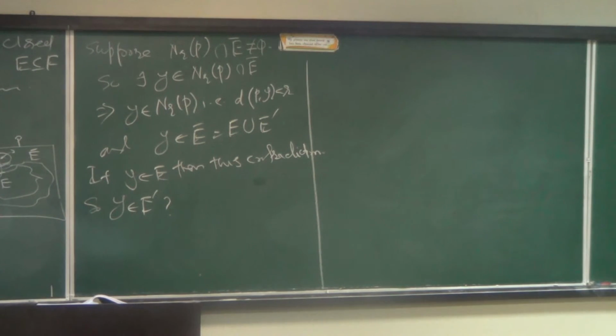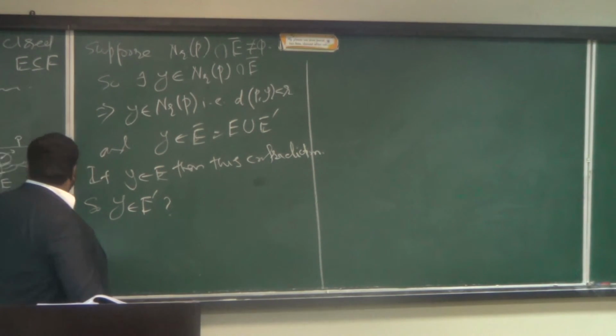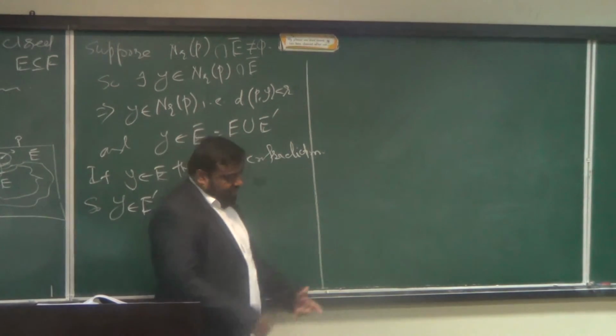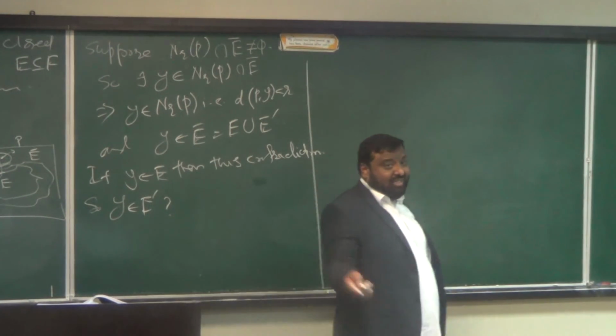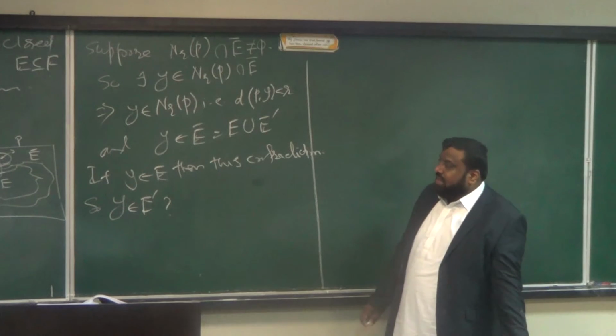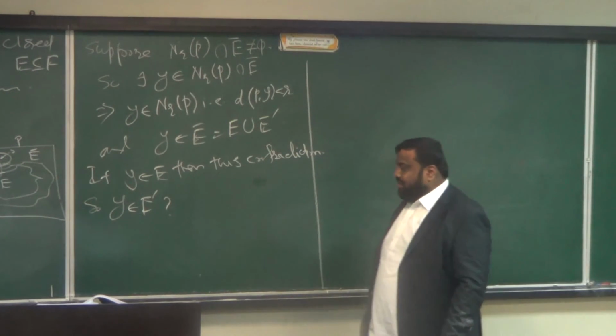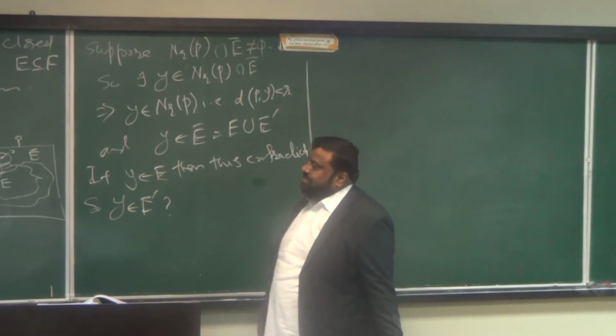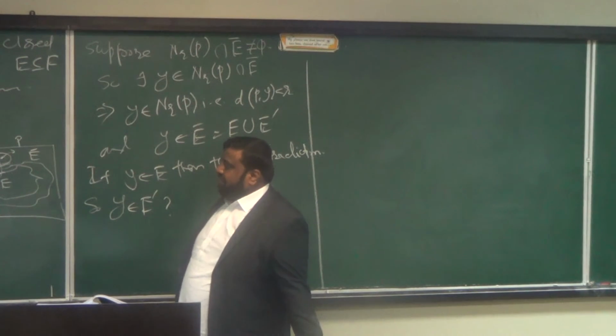Because a neighborhood is always open. So you want to draw a ball on y of a certain radius. You might choose a minimum of two radii, in such a way that... so what's wrong with it?